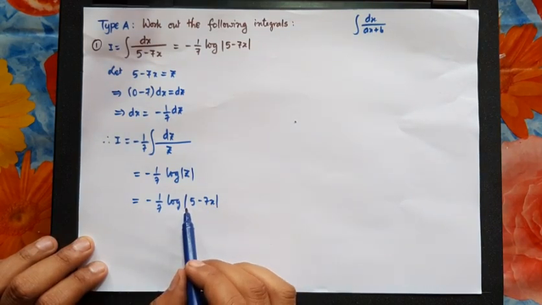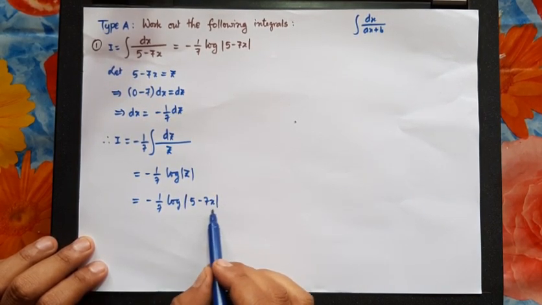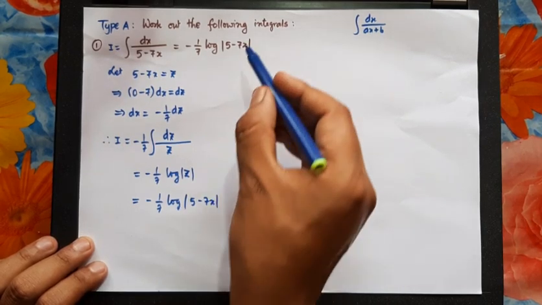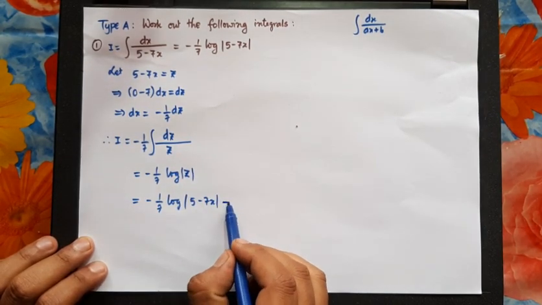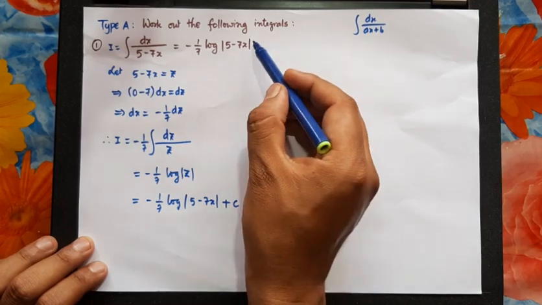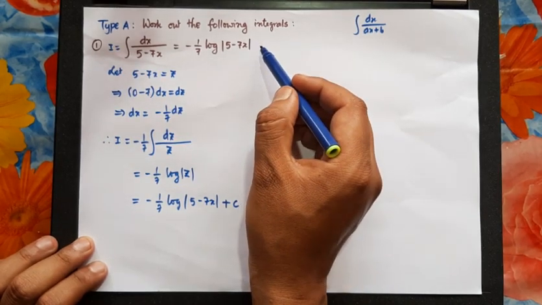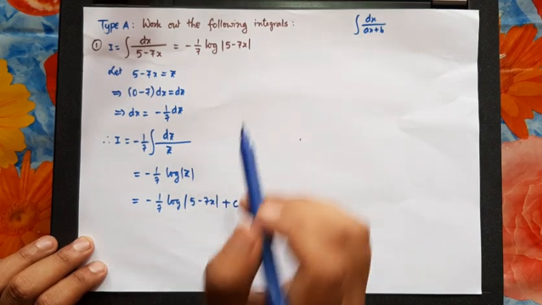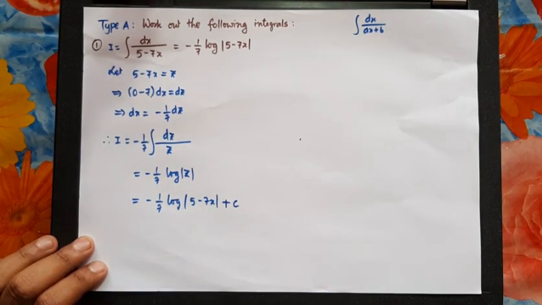This is to ensure that this part is positive, because we cannot have a negative within log. And here we have to put one constant of integration. However many questions you see, I have not written plus c over there, so you have to assume that there will be plus c, that is the constant of integration. Is that clear? So this is our first problem.